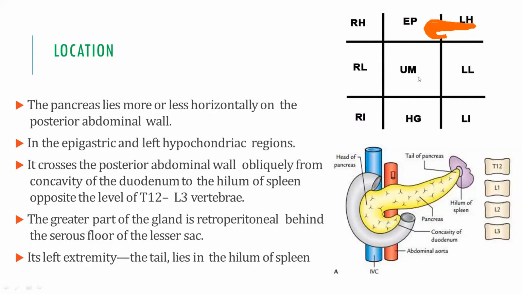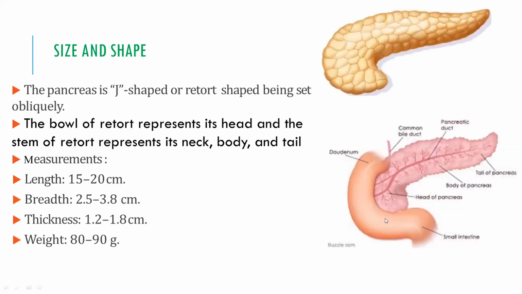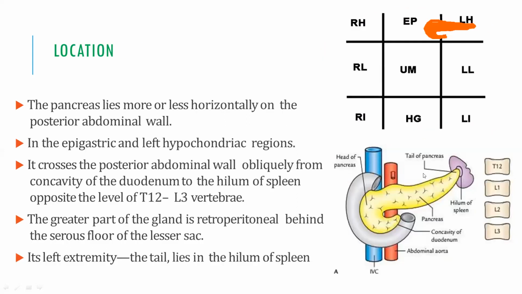It crosses the posterior abdominal wall obliquely from the concavity of the duodenum to the hilum of the spleen. You can see the head of the pancreas within the concavity of the duodenum, whereas the tail is embedded within the hilum of the spleen.